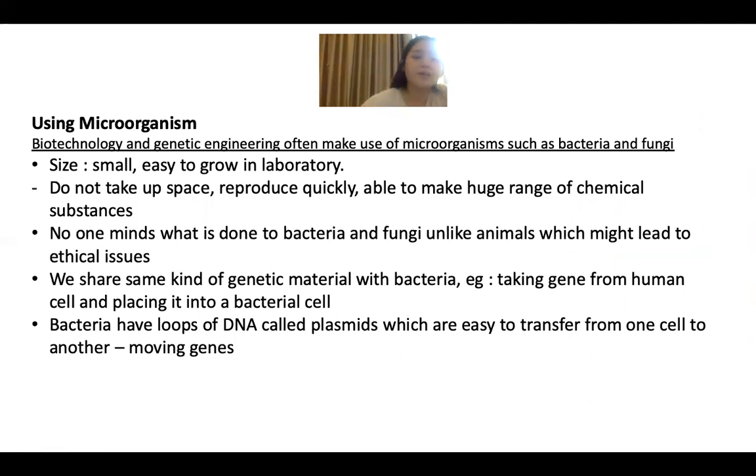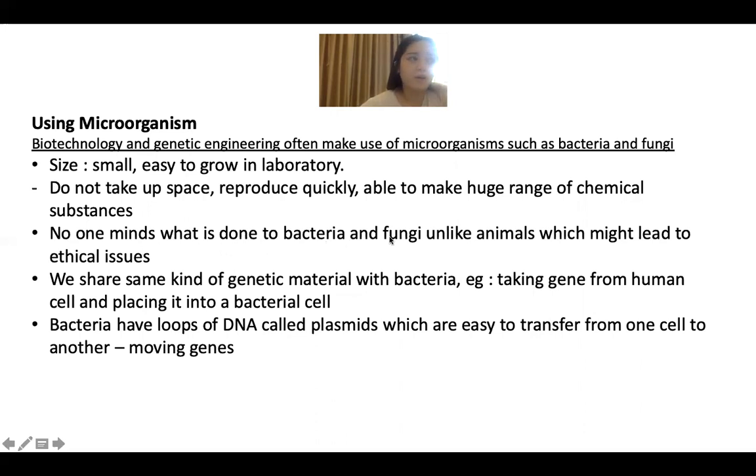Here are some of the reasons. For one, the size is so small that they're easy to grow in the laboratory. You can grow millions of them in just one fermenter. It does not take up space, they reproduce very quickly, and you can make a lot of different types of chemical substances. And no one minds what is done to bacteria and fungi.